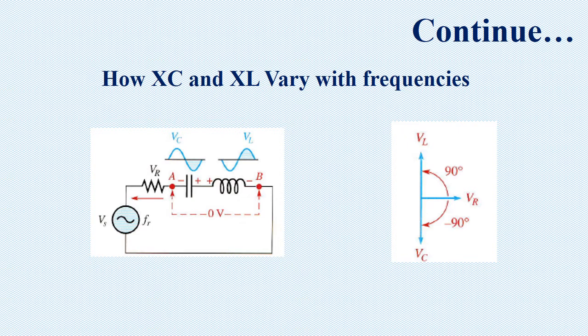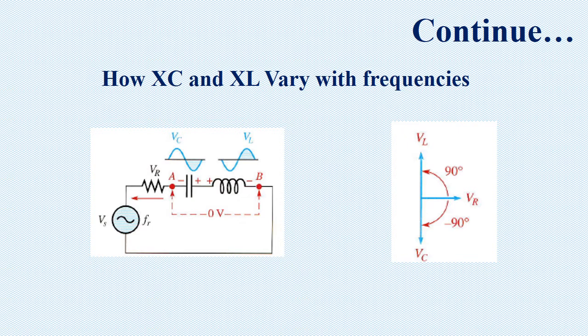For the determination of the impedance in the series RLC resonant circuit, we have to analyze the XC and XL values at different frequencies. We know that at one point when the capacitor is charging itself, the inductor is giving voltage towards the capacitor. When the capacitor is discharging itself, the inductor is storing charge and gaining voltage from the capacitor.